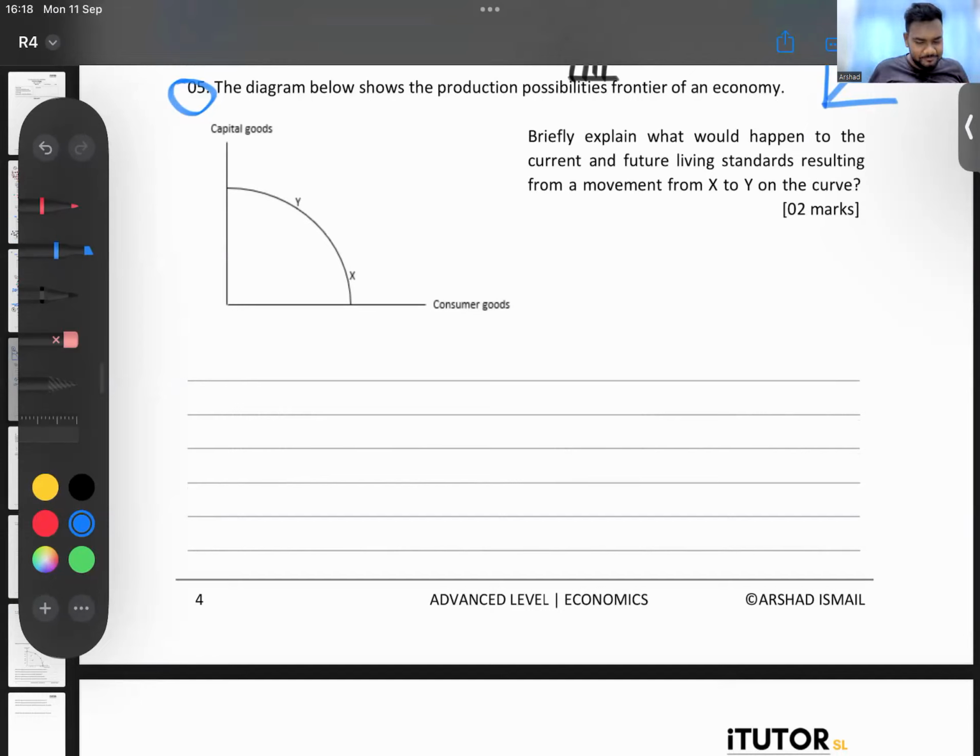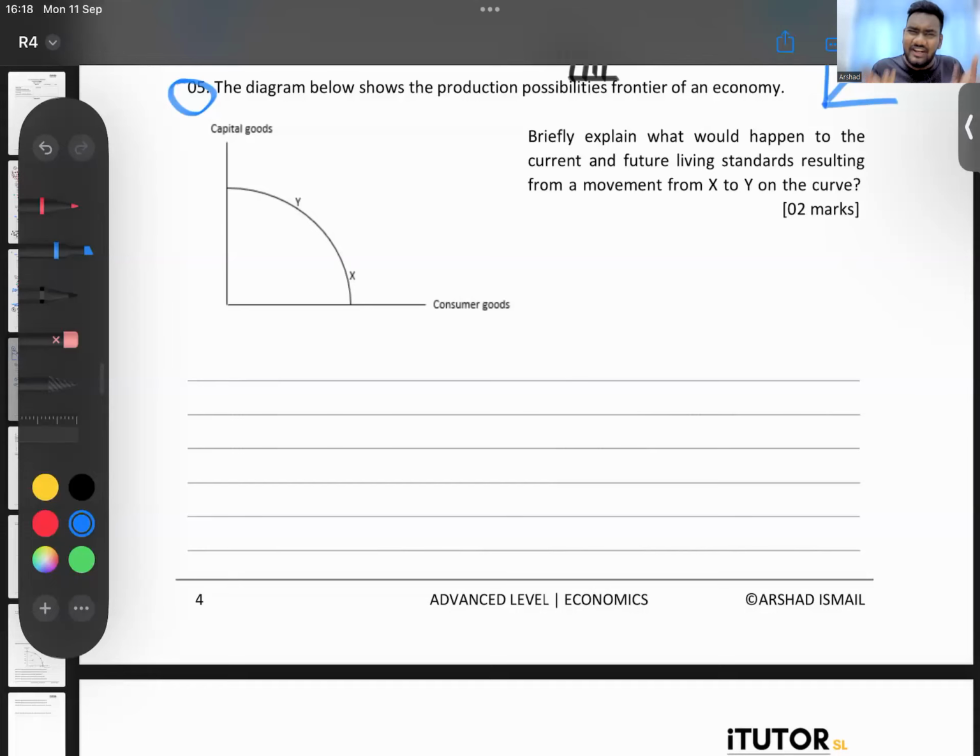Can you all tell me, if we talk about an economy, what are the 2 broad categories of goods an economy can produce? There are 2 main categories. What are they? They can either produce capital goods, okay, or else what can they produce? They can also produce consumer goods.